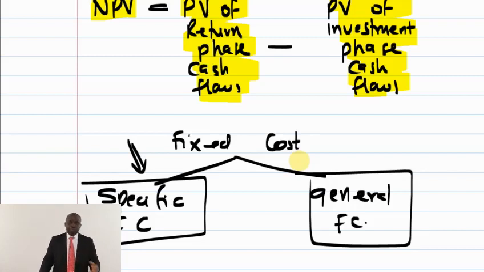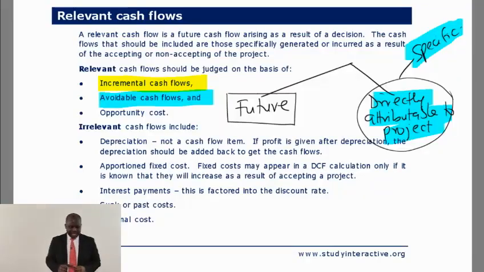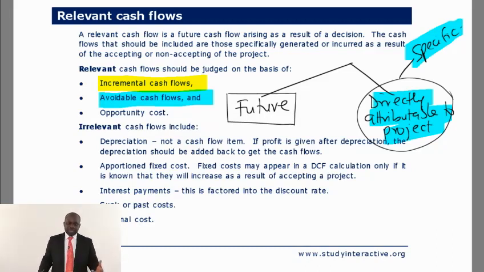Whether we undertake the project or not, that general fixed cost will be incurred, and as a result of that, it becomes irrelevant. So the advice is any cash flow you can avoid if you decide not to undertake the project is a relevant cash flow.